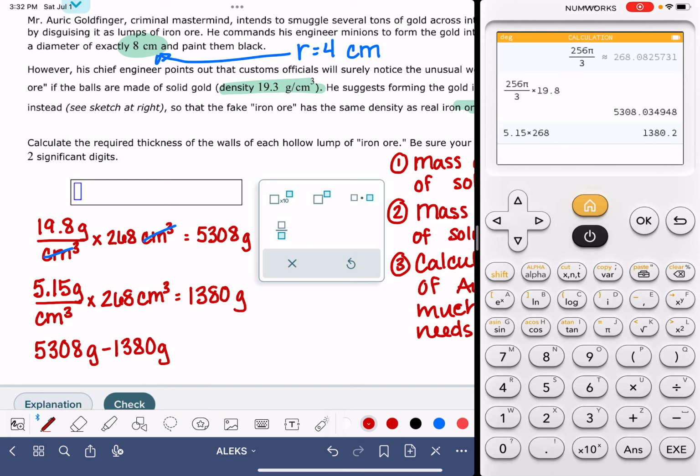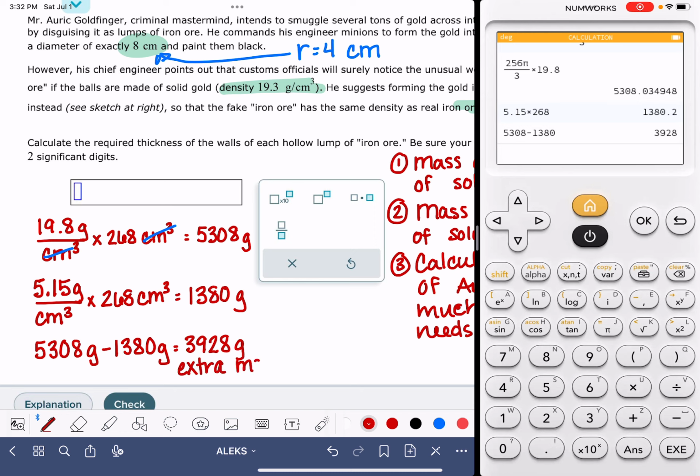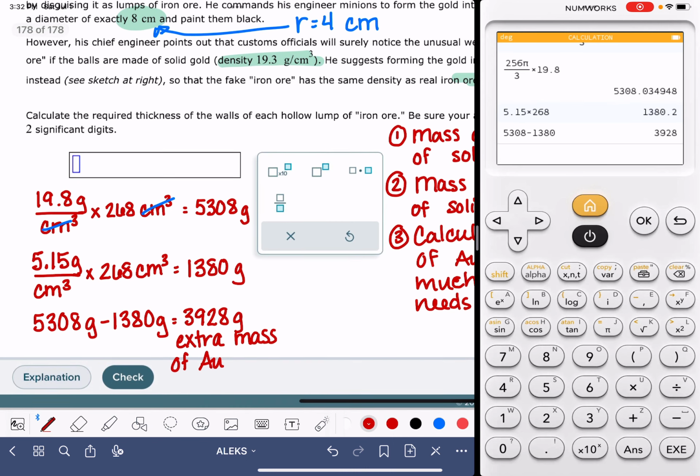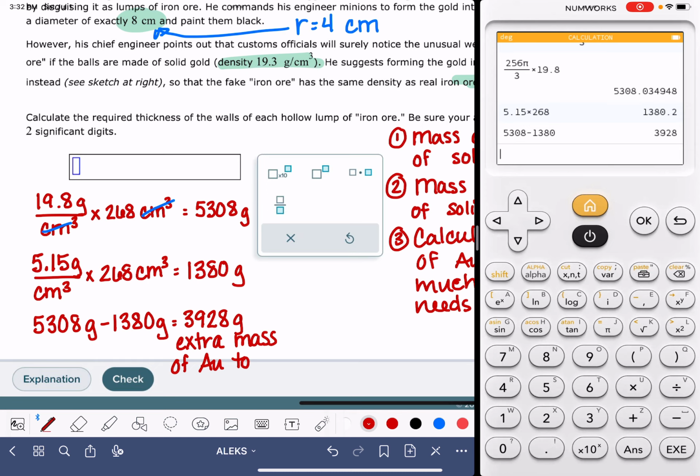I said 5,380, but I should have said 5,308. 5,308 minus 1,380 is telling us that we have 3,928 grams of extra mass of the gold, and this is the mass that needs to be removed.